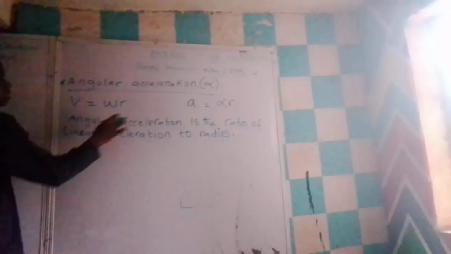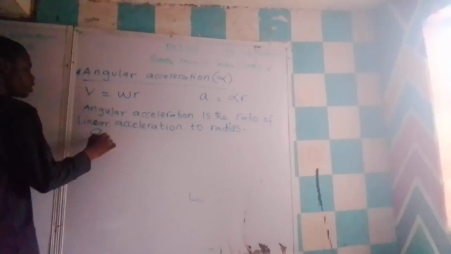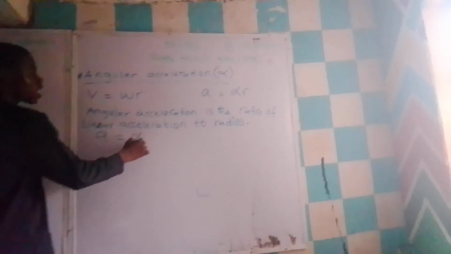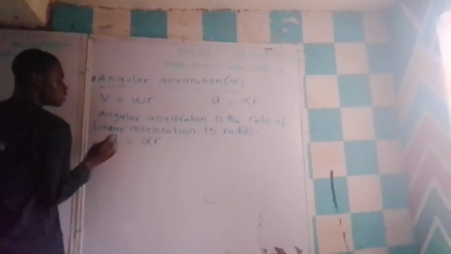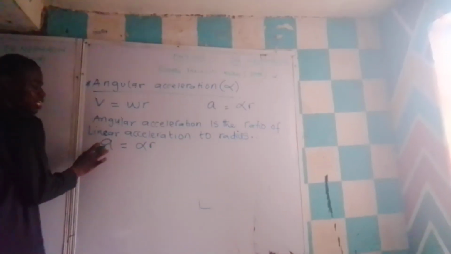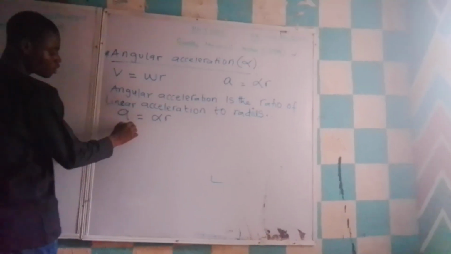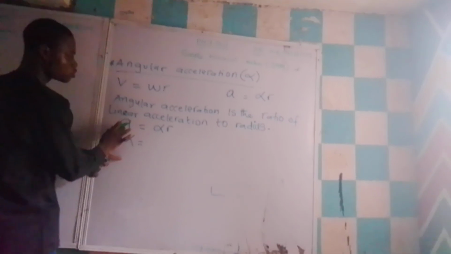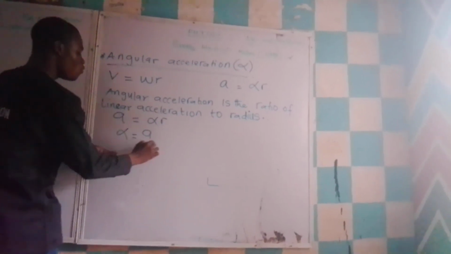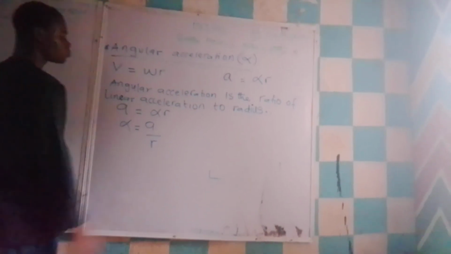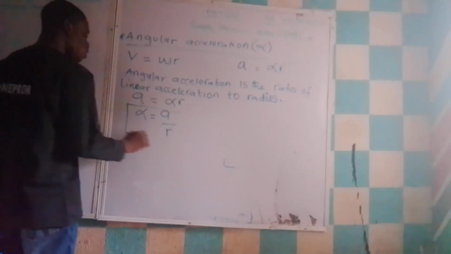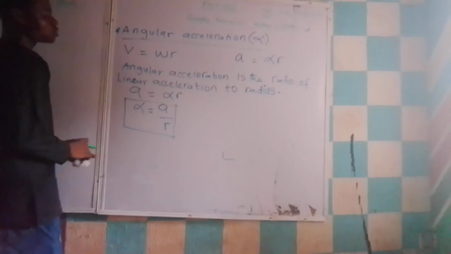From a equal to alpha multiplied by radius, this is my linear acceleration and this is my angular acceleration. So angular acceleration is equal to a over r.